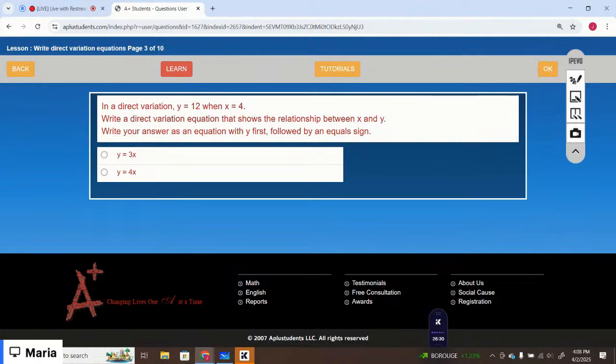In a direct variation, y equals 12, x equals 4. So which is the correct option?